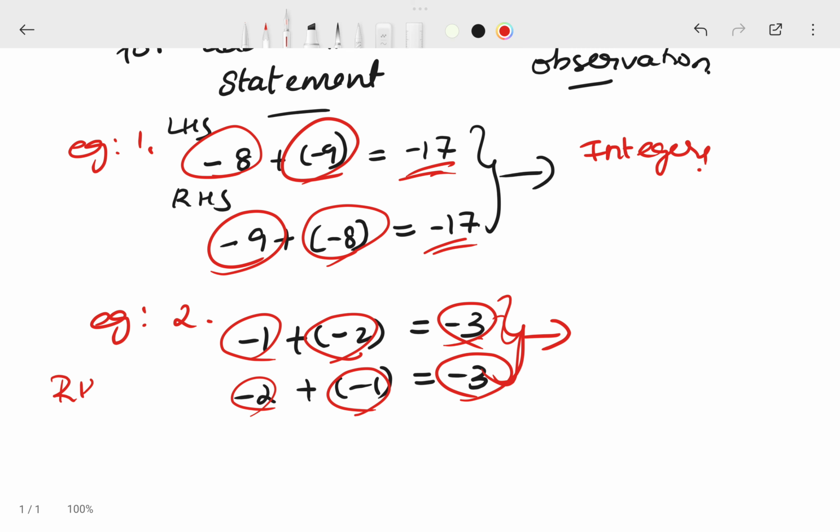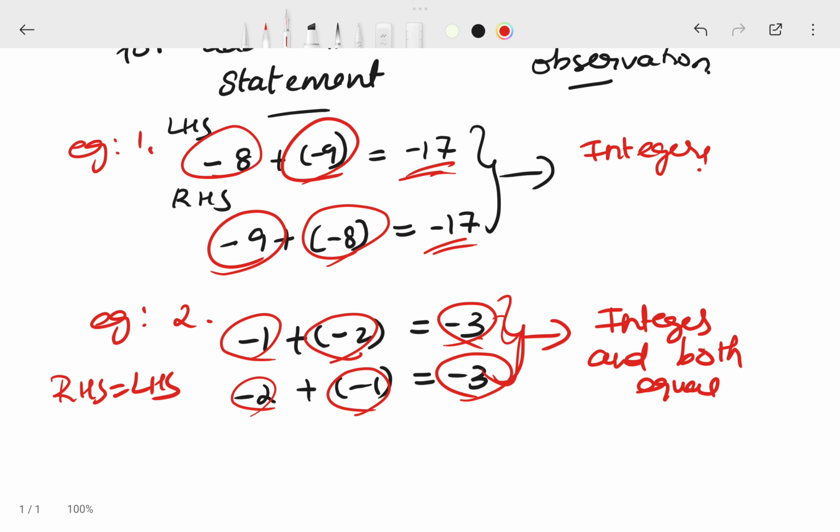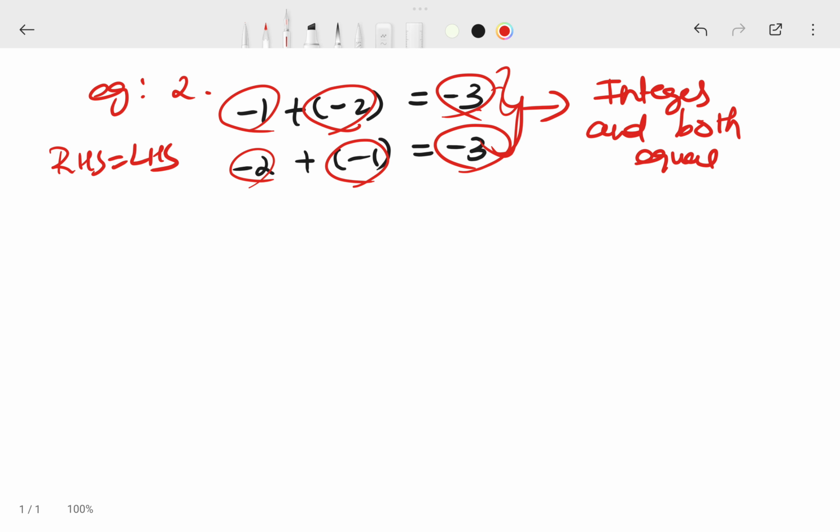That is, RHS is equal to LHS. This proves that the commutative property is true for addition for integers. So the result we can write is that addition is commutative for integers.